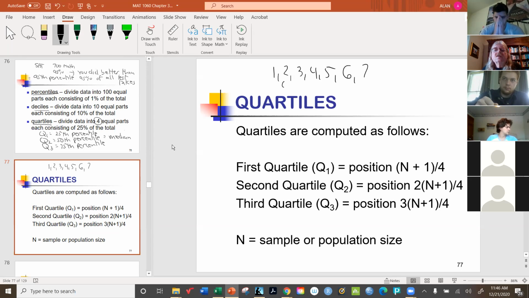So this is my first quartile because it's the second element. For the second, 2 times (n plus 1) over 4, if you put a 7 in for n, you get 2 times 8 over 4, which is 4. And then the third position, again substituting 7 for n, you'll get 3 times 8 over 4, which is 6. And in this very, very simple case, you've got your 3 quartiles.